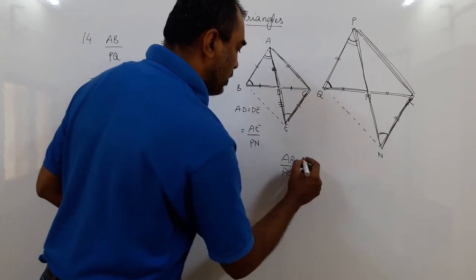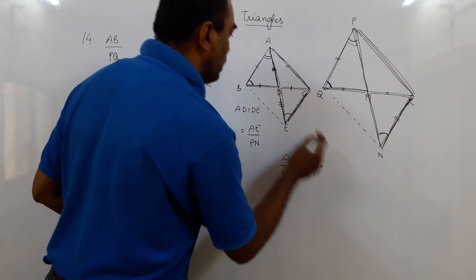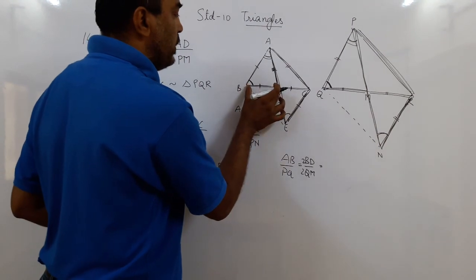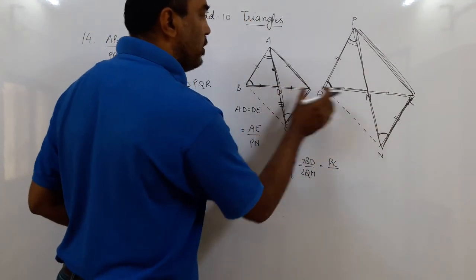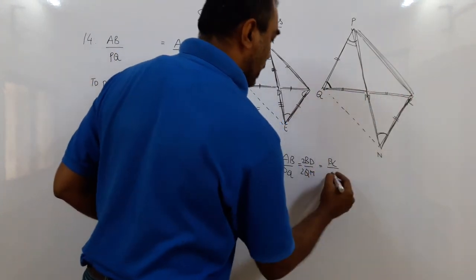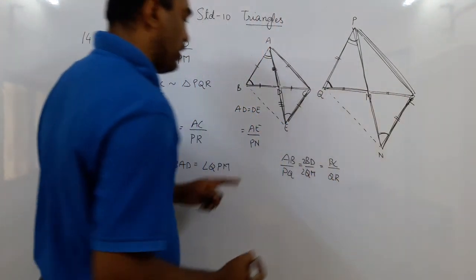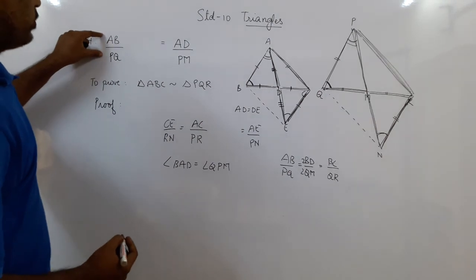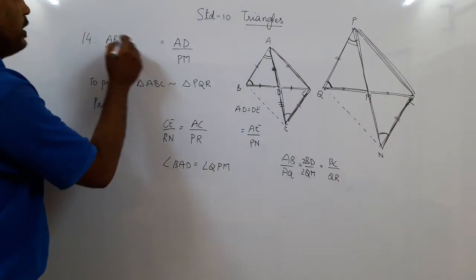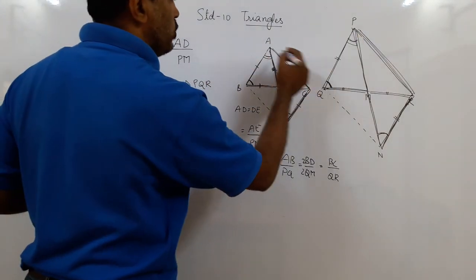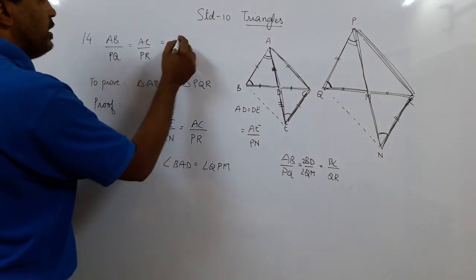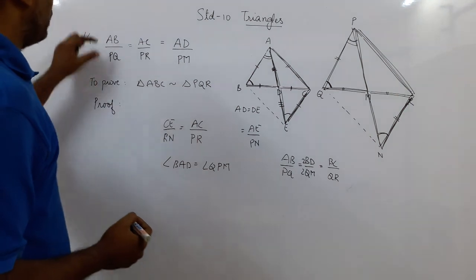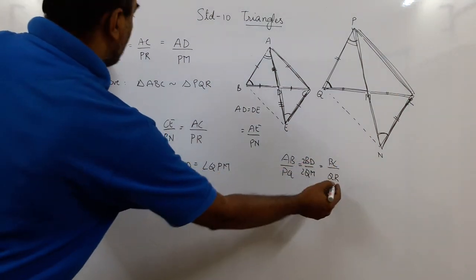Right? I'll again multiply this by 2 because this is the median. So twice BD equal to BC and twice QM equal to QR. So now what I have shown, what I have in the starting, AB upon PQ equal to AC upon PR equal to AD upon PM, but AB upon PQ equal to BC upon QR.